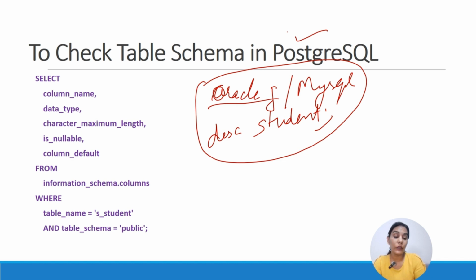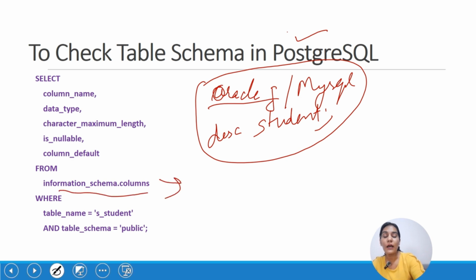Then column default. If you remember, we talked about default. Default means if any value is missing, by default that value is filled automatically in our attributes. So from where? From information schema columns. This is the metadata of all the columns of all tables.